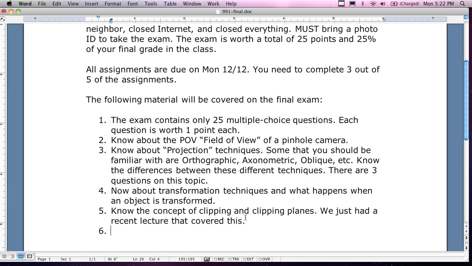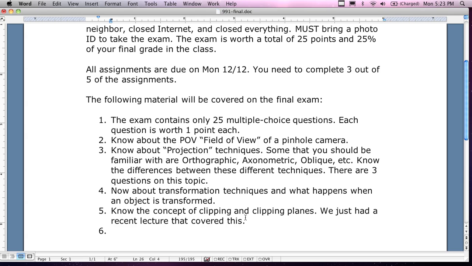Let's see. That was page 1. I just noticed there's a fix for that. Page number 2. In OpenGL, there are several different matrices, and I have discussed 2 of them in class.